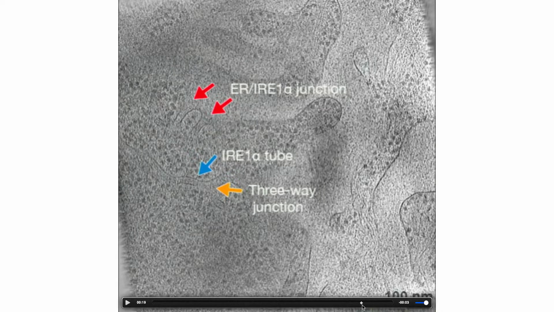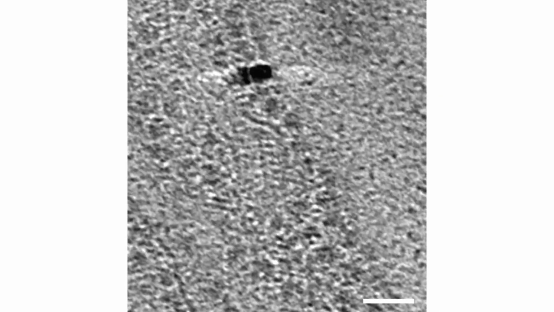These areas that don't have much material in them, that's the lumen of the ER. The areas that are full of more material, especially ribosomes, that's the cytoplasm. And these tubes come off of the ER lumen, and they look like they have little railroad tracks in them. So it turns out if we focus on just one of those tubes, then we get the following. And that goes too fast.